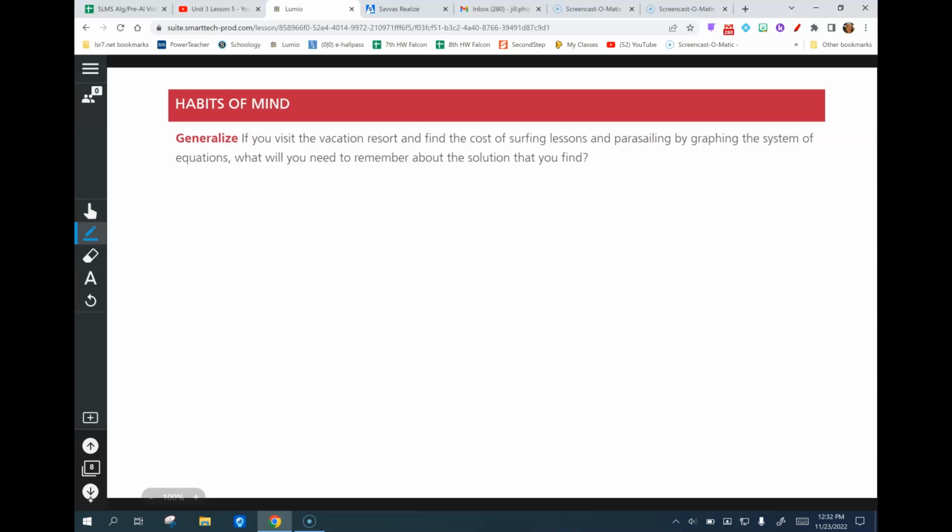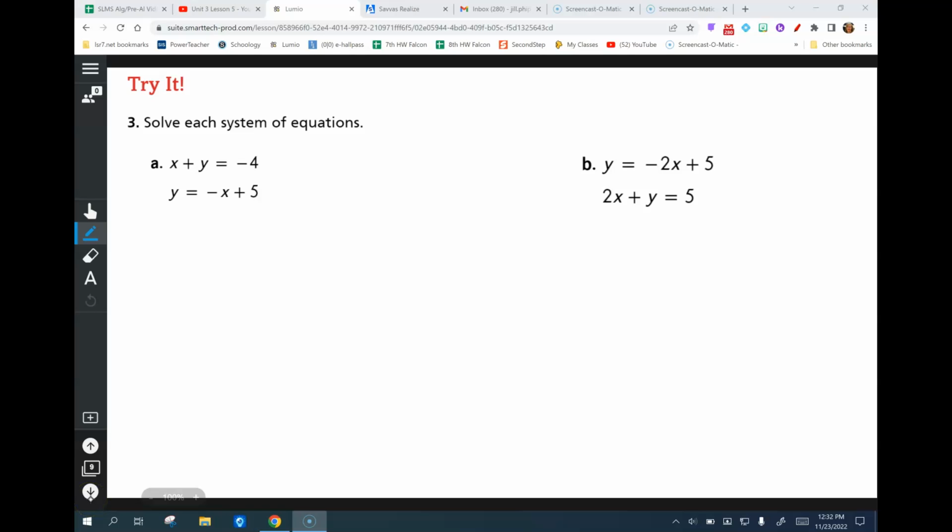You can see it would be a real pain to hand graph that. Also keep in mind you're talking about people taking surfing lessons and parasailing, so that means it would have to be a whole number.